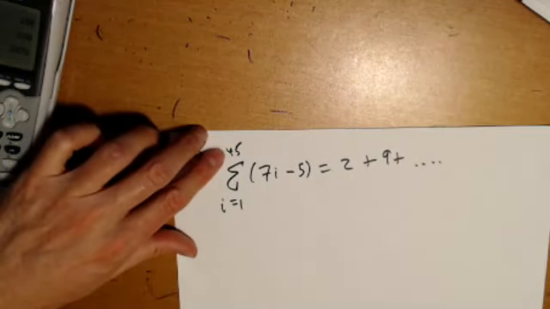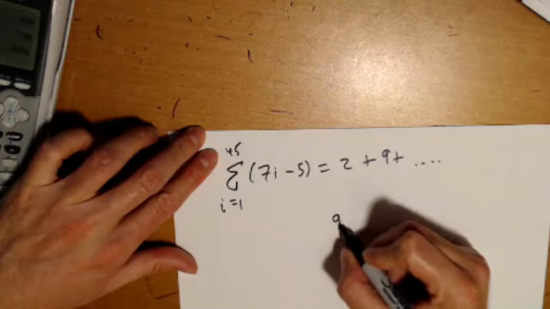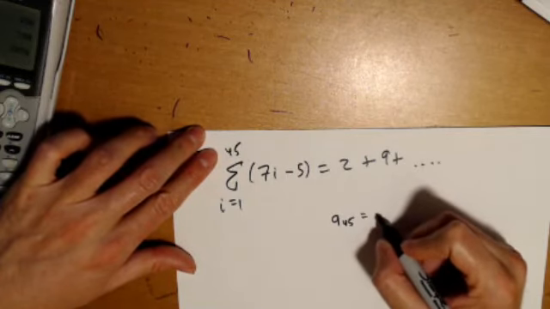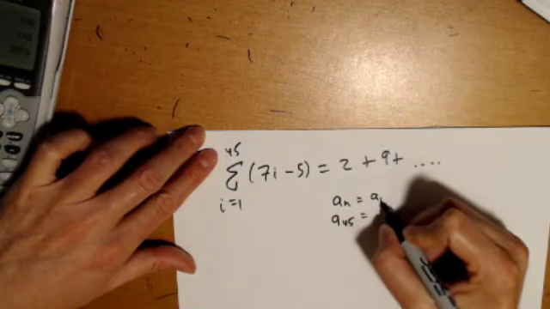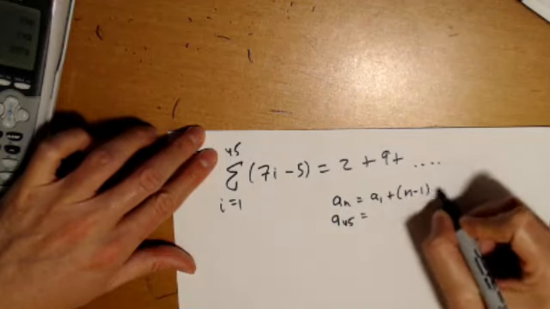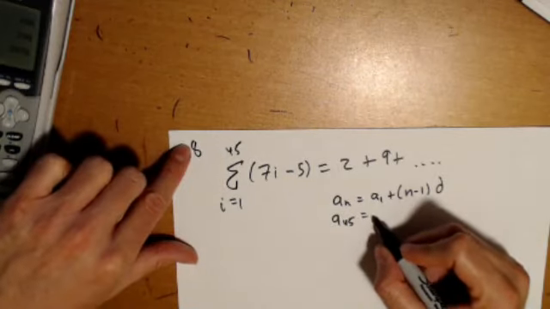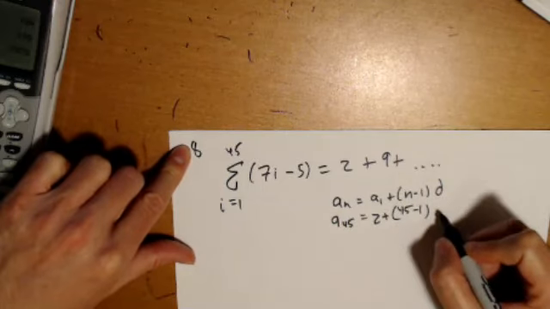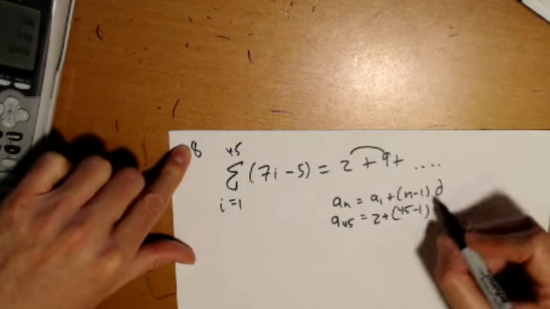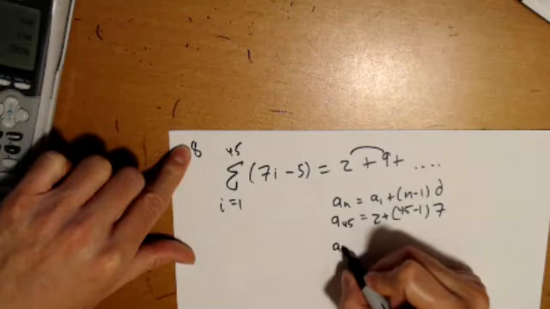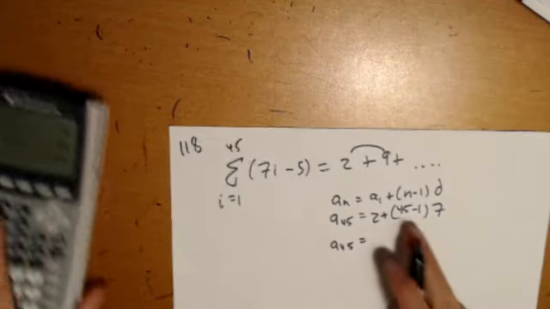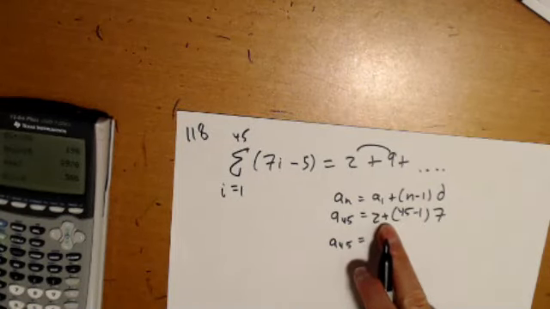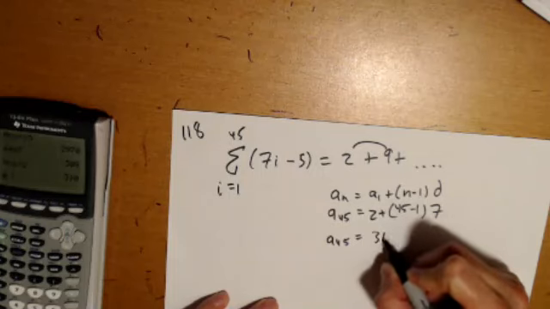But I'm only concerned about the last one, right? So what is the last one? Using that one formula, a sub 45 equals, I'll write it down, a sub n equals a1 plus n minus 1 d. So the first guy is 2 plus 45 minus 1. The difference is 7. So a sub 45 equals, that's going to be 44 times 7, enter, plus 2, enter, 310.